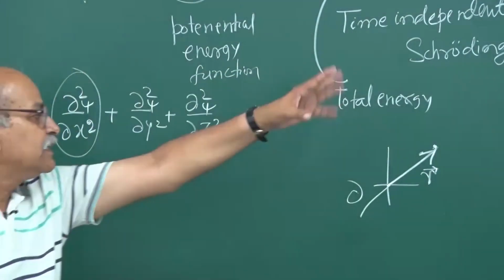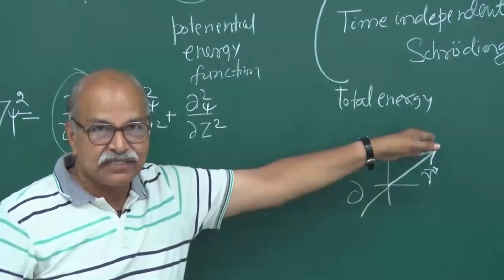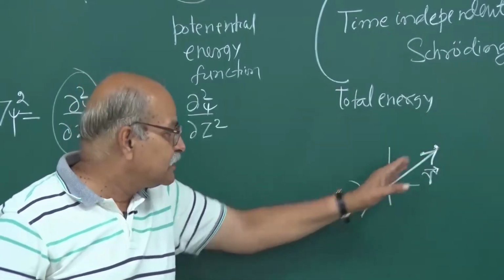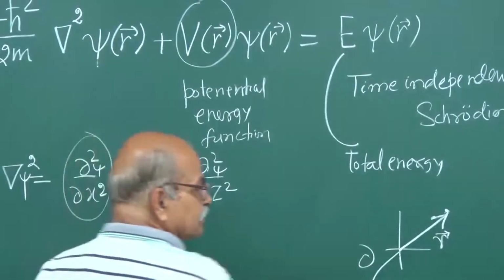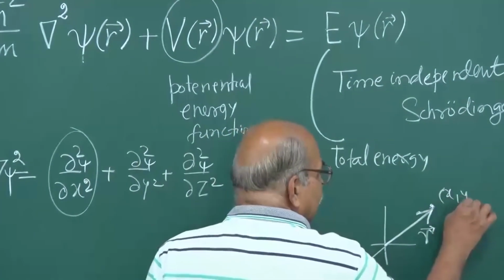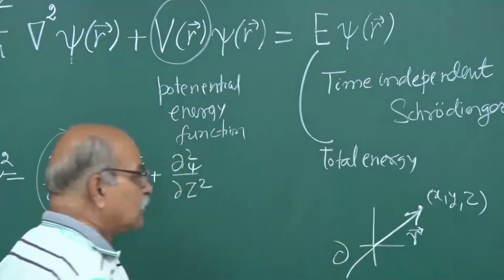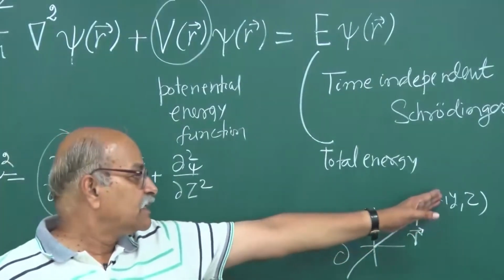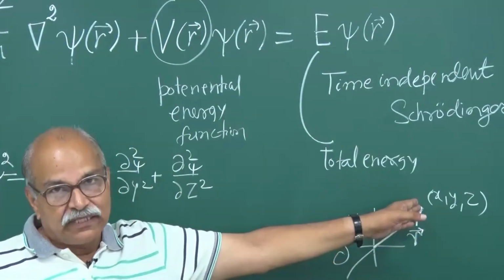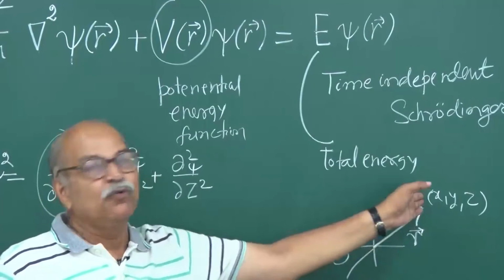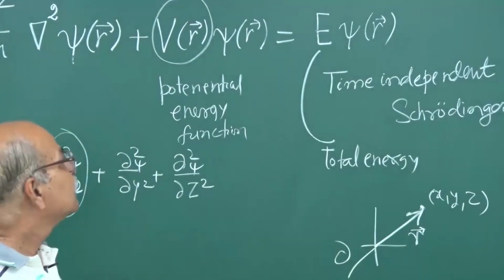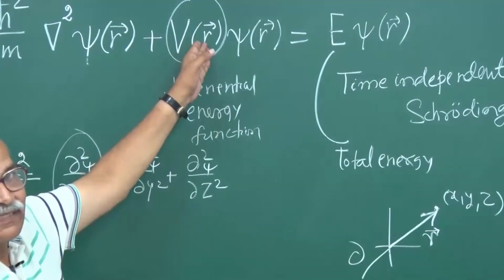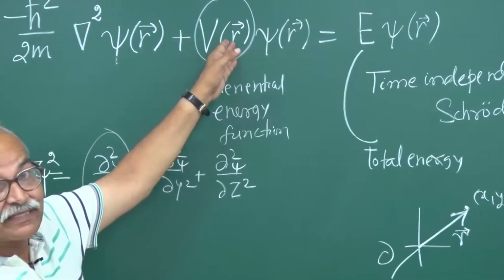Different points in space have different position vectors, and it is this position vector that I have written here. So I can write this in terms of x, y, z, or r, theta, phi, or any other coordinates I use. Give me x, y, z, I know which point you are talking about, or give me the point, I will know what x, y, z are. So this psi is a function of x, y, z if I am using Cartesian coordinates.